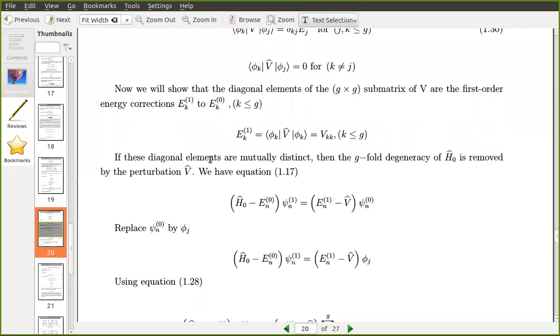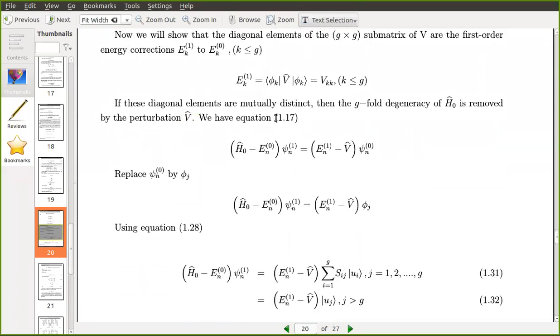So if these diagonal elements are mutually distinct, if they are all different, when k equals 1, k equals 2, if all the expectation values of V are different, then we can say that the G-fold degeneracy is again lifted or removed by the perturbation V. Same result as we obtained earlier, but this is in the case of G-fold degeneracy. So perturbation generally removes the degeneracy.